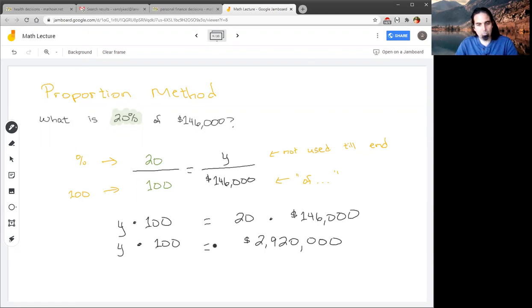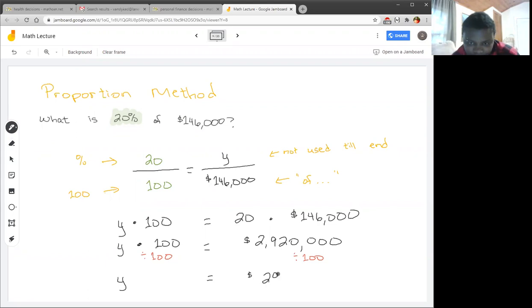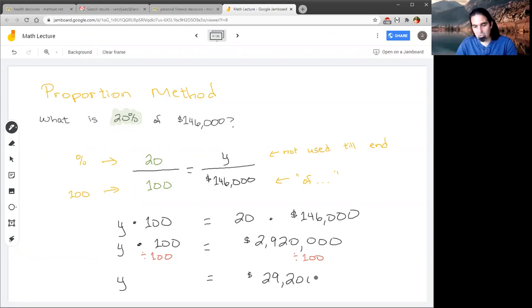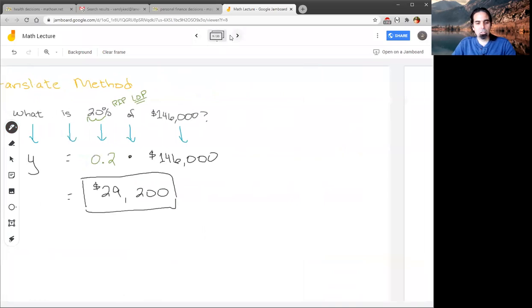I have y times 100 is something else. To get y by itself, I should divide by 100. And if I do it on one side, I have to do it on the other to be fair. And we get the same answer, unsurprising. Okay, you don't have to know both of these, but pick one method or the other and learn it well.